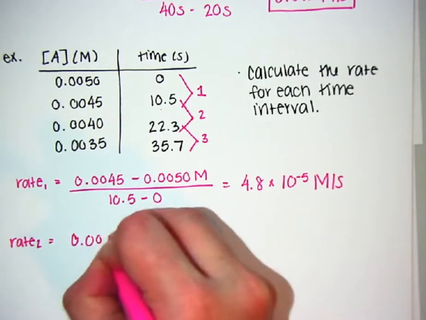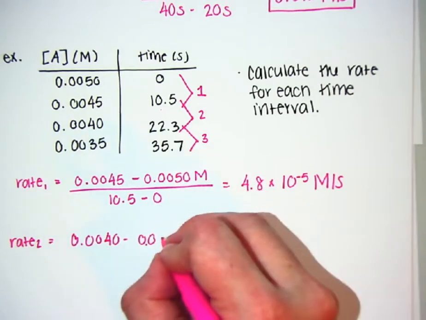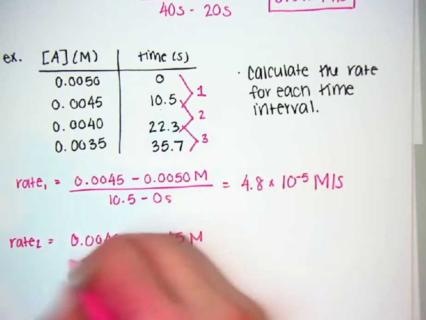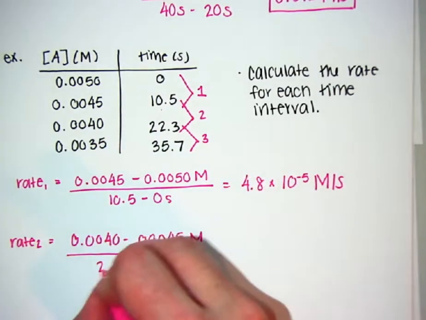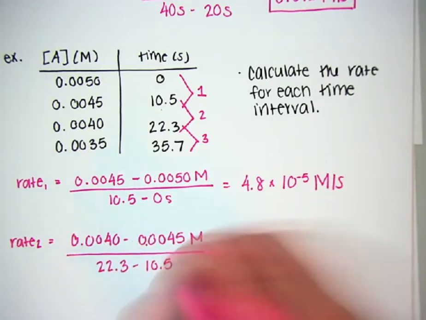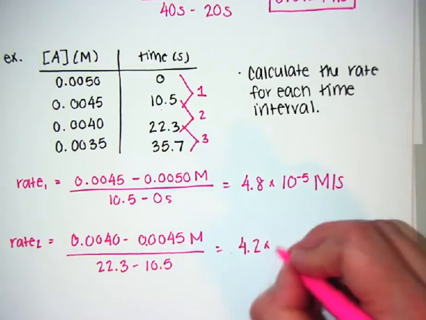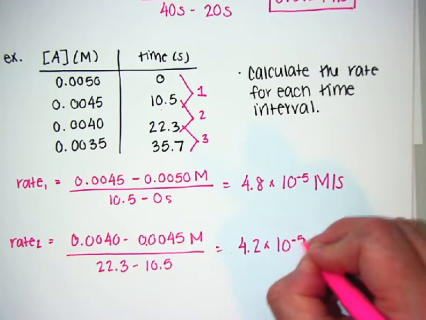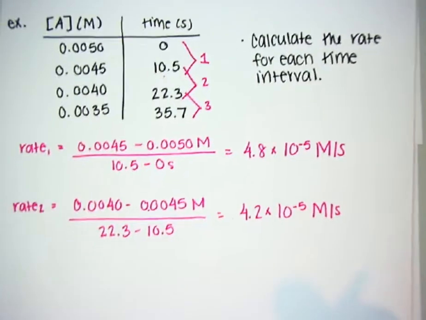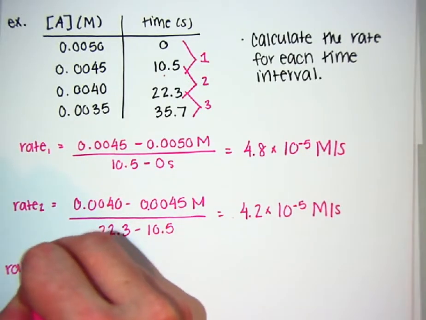Let's take the change in concentration and divide by change in time. And then lastly, our third interval.